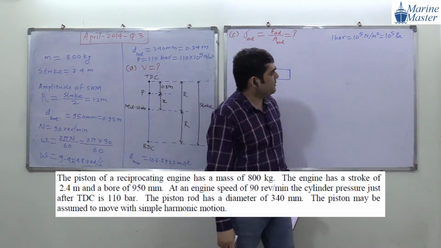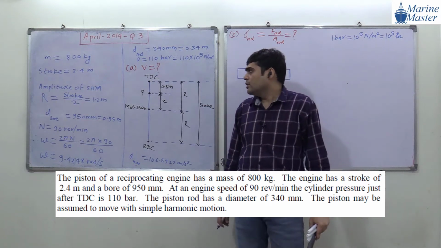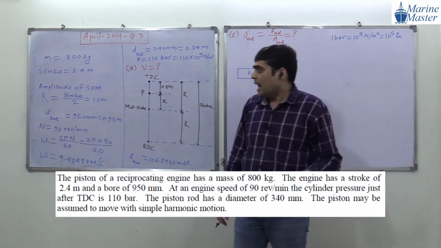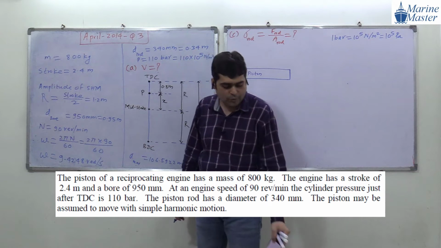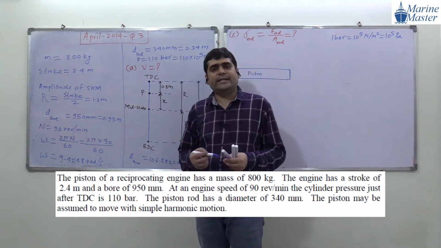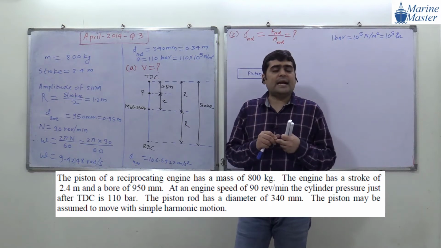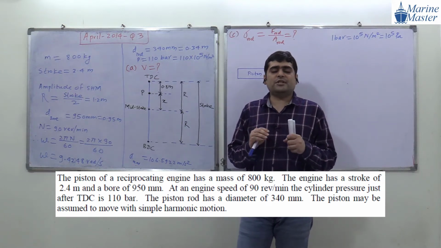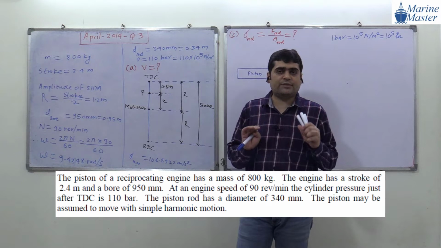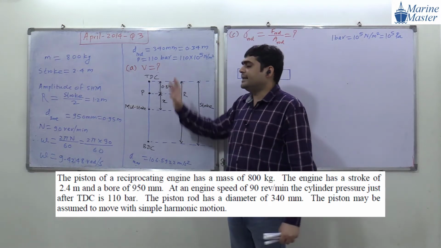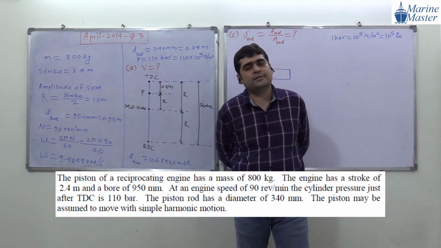Okay, everyone getting my point? Try to understand the scenario here. So here they have given us a pressure, and they have given us the position of piston: just after TDC, which means approximately at TDC. Suppose piston is at TDC, what will be the acceleration of piston, guys?